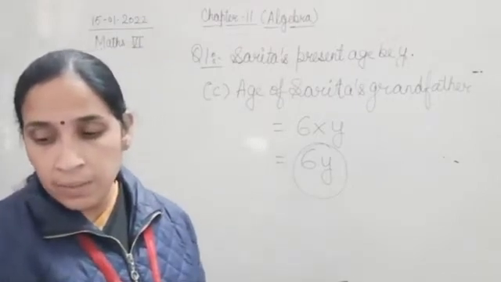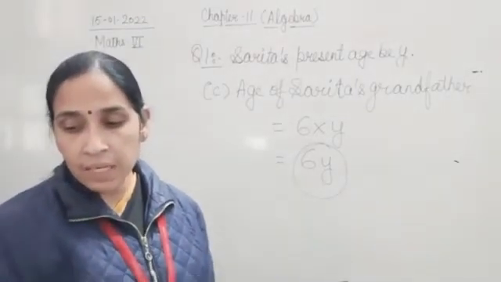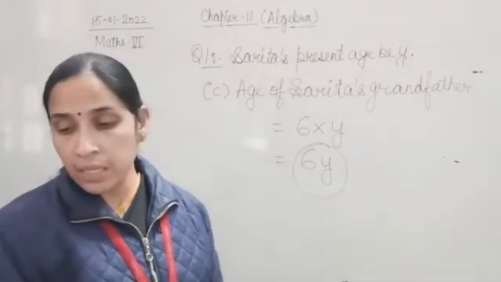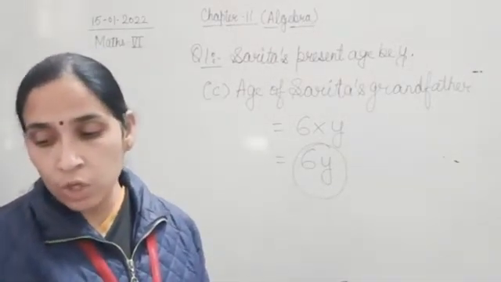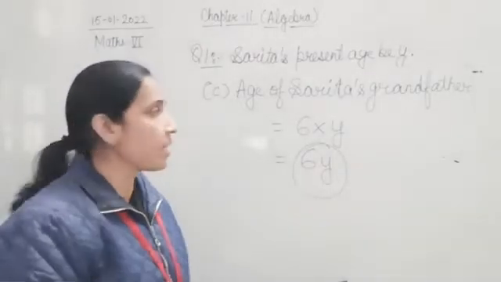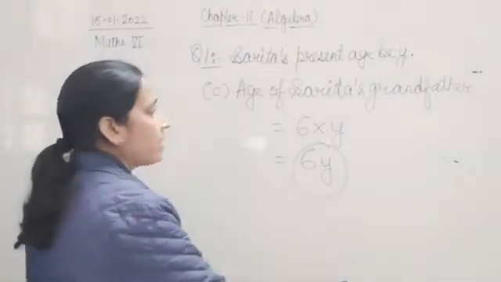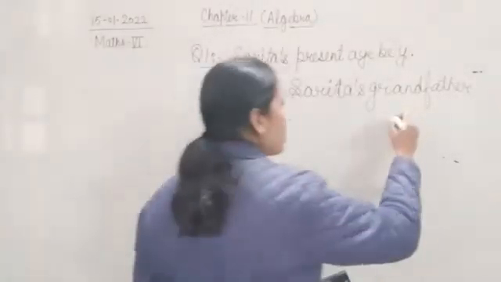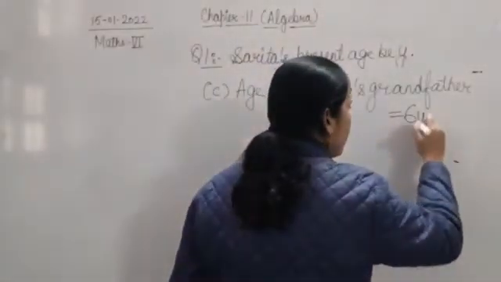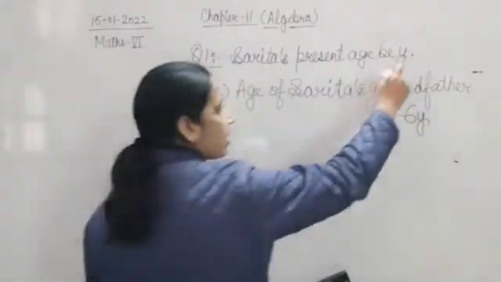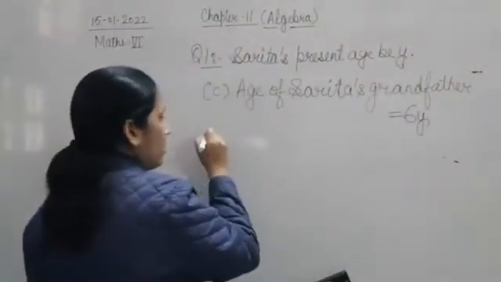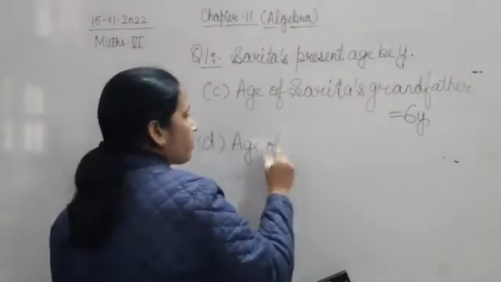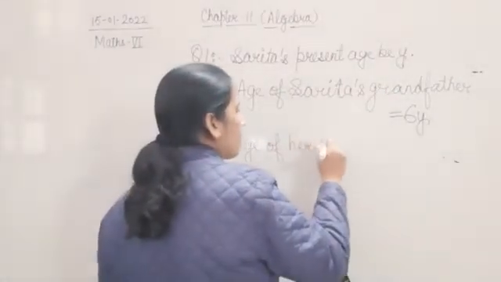Then the grandmother is 2 years younger than the grandfather. So what is the age of the grandmother? Now we know the grandfather's age is 6y, 6 times the age of Sarita. Then part D, the age of her grandmother.